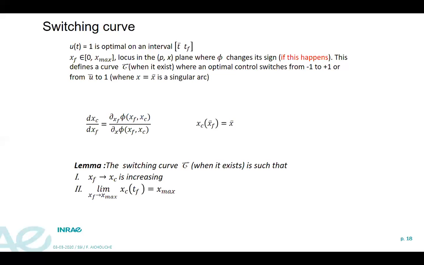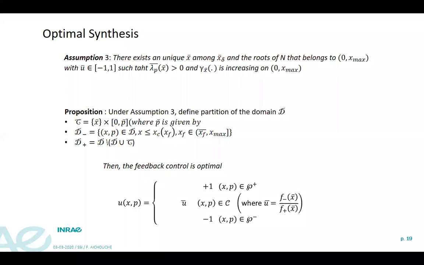If it happens, this defines the switching curve C. To summarize, there exists a unique x bar among the set x bar delta and the root of n that belongs to 0, x max, with u bar in minus 1, 1, such that the adjoint vector lambda p is always positive and the switching curve is increasing on 0, x max.